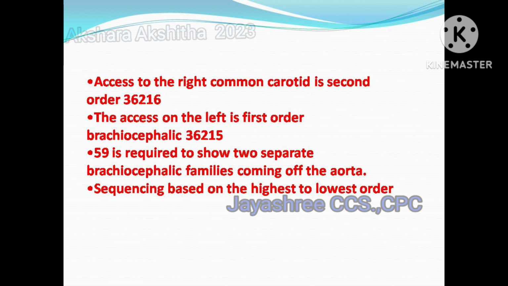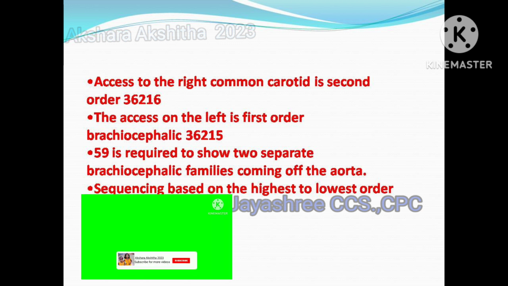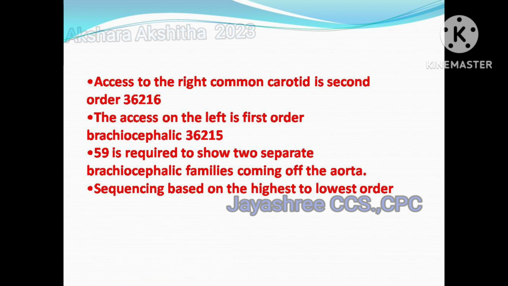Now again you come to the tabular list. The left side common carotid artery is first order. Within a vascular family, we code the highest order as primary. So the highest order code is 36216, for the right side, that is second order. The second order is primary, followed by the first order as secondary with the 59 modifier, and we also code the laterality modifier.